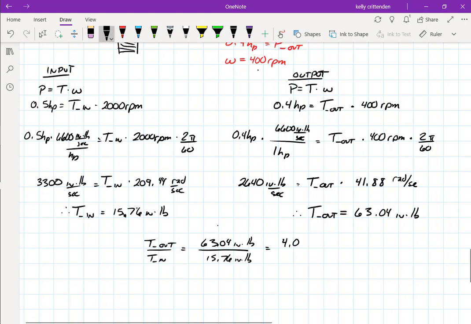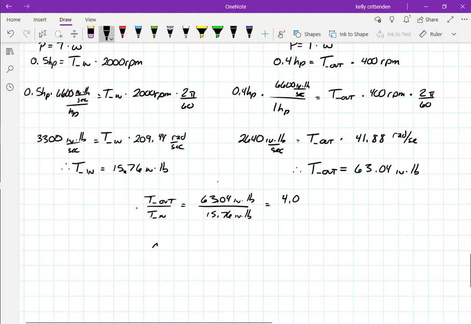So the output is 4 times greater. We expected 5, but 80% of that is 4. The gear ratio should have given us 5 times the torque, but we're 80% efficient, so it only gives us 4 times the torque.